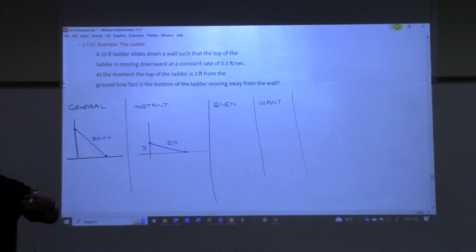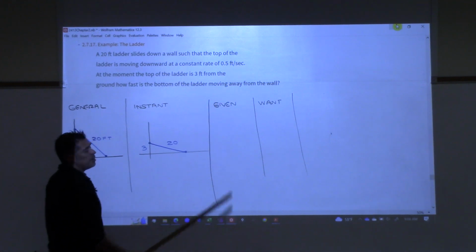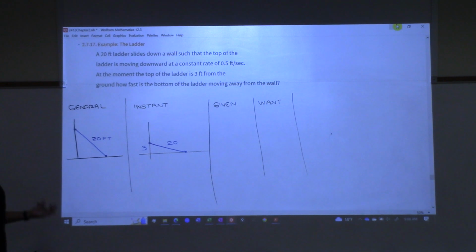The derivative is a rate of change. I am given a rate of change of 0.5 feet per second. It's a speed, a change in distance over time, but in terms of our picture, it's a change in what? What's changing at 0.5 feet per second?